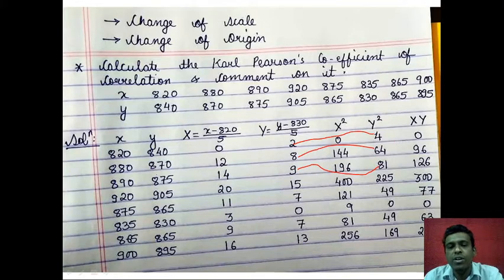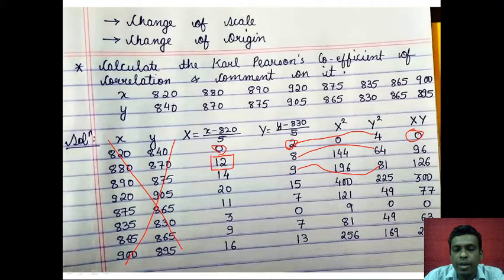Xy value, how do we find? X into y. So where is x? Here. See, remember this we are not using, don't use these values. So 0 into 2 is 0, then 12 into 8 is 96, and so on.